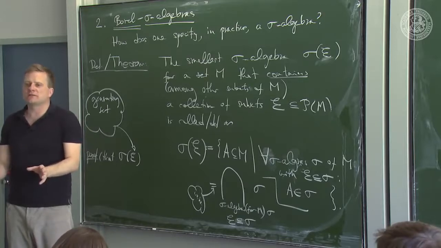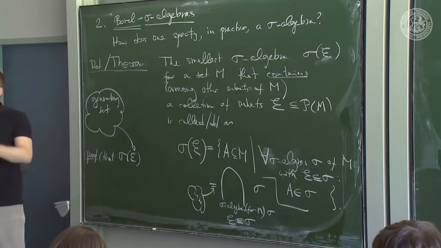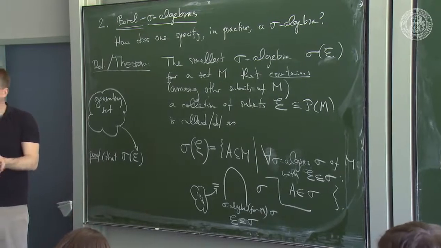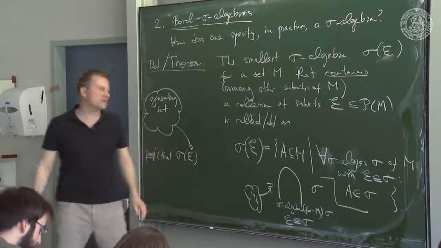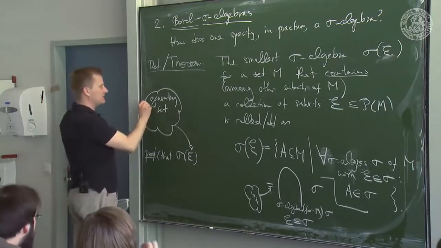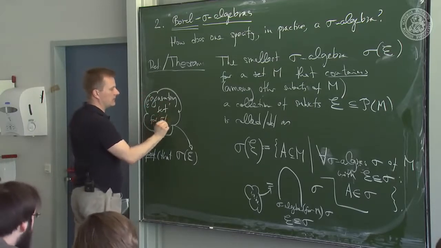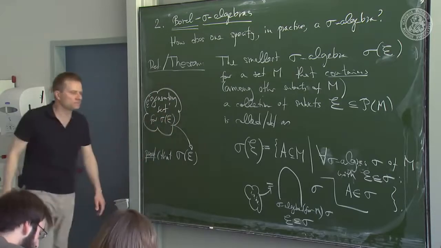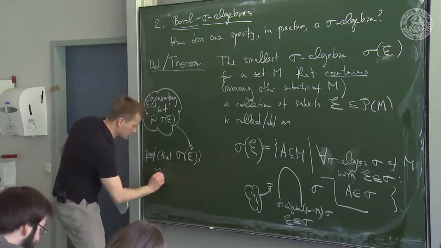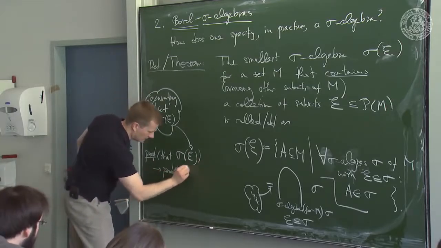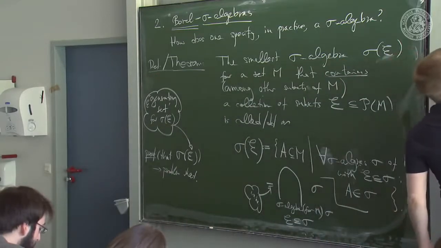Which is the smallest, the most economical, if you wish, sigma algebra I can choose to have a consistent measurable space that contains those sets? That's called sigma of E. It's really very practical. E is called the generating set for the sigma algebra sigma of E. Okay, so proof: problem sheet. That's very simple. But we have a more far-reaching result, theorem.